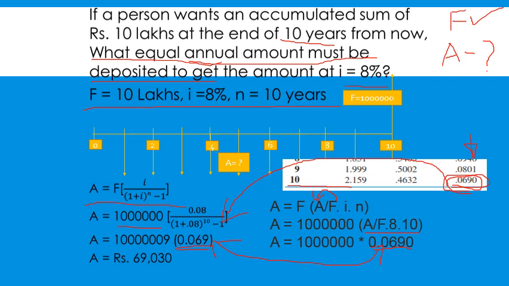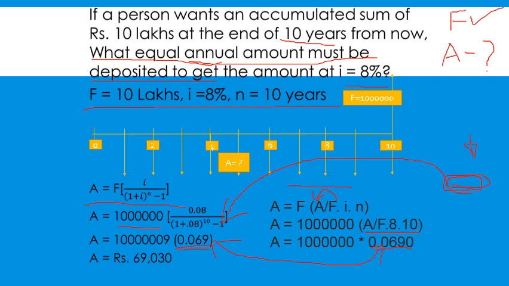Sometimes it will be exact, sometimes it will be approximate. Both are acceptable. And hence the value that I get is 69,030. A 30 rupees difference will obviously be there because this is not an exact value. So that difference will be there. You need not worry. That is quite acceptable.